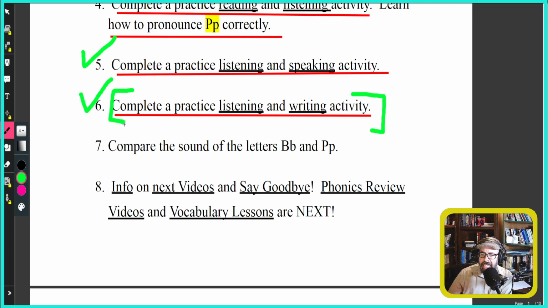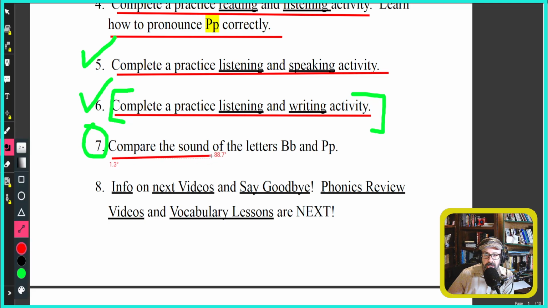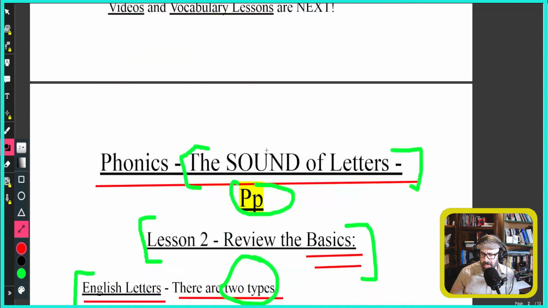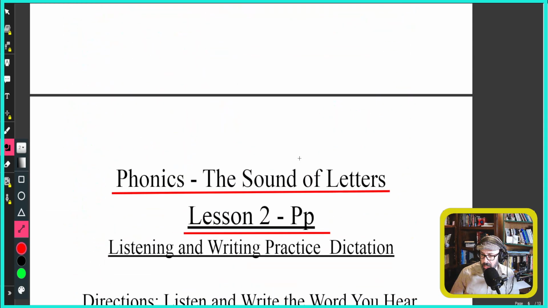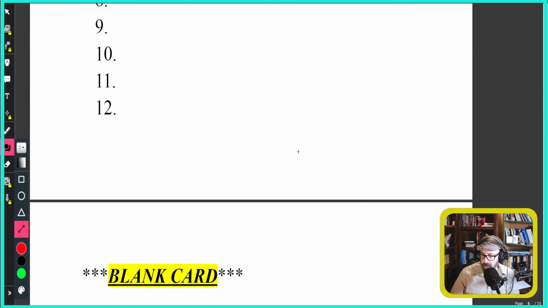We have completed a practice, listening and writing dictation. The last one is number 7 here. This is the last thing that I want to do quickly, is to compare the sound of the letters B and P. The way that the sound is made is similar. So let's look at the differences between B and P. Lesson 2, dictation.